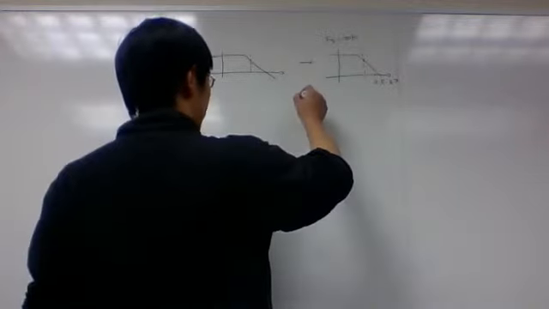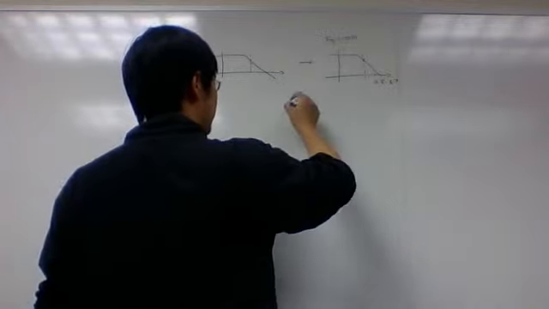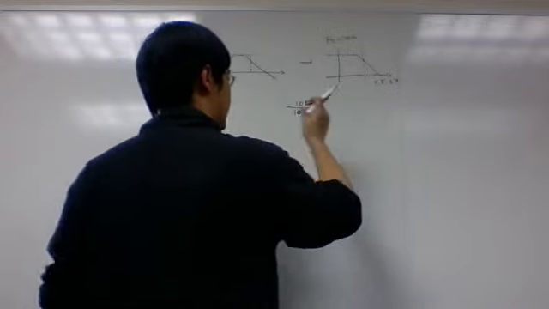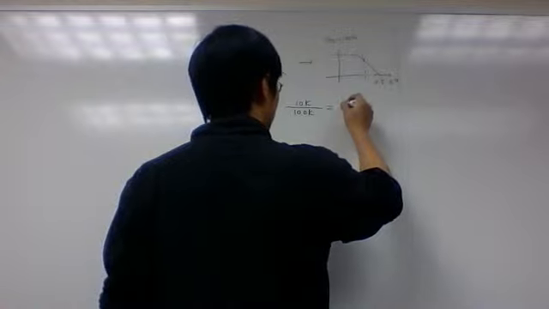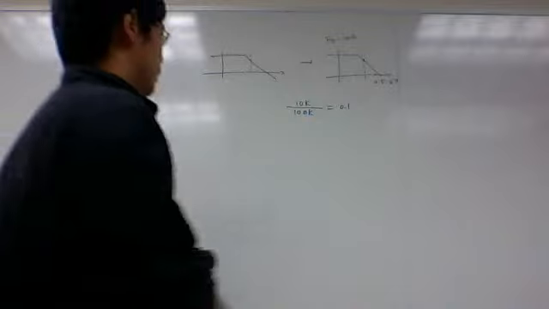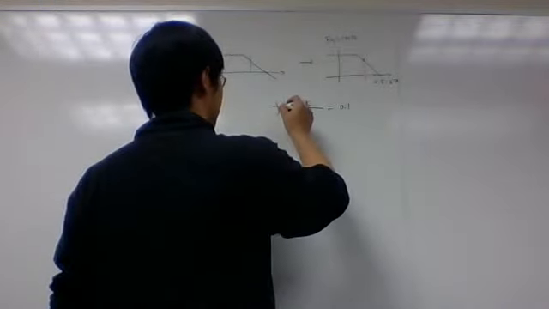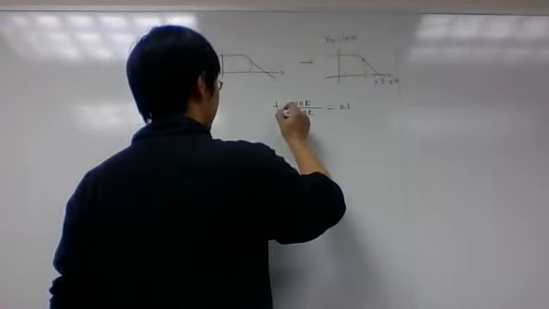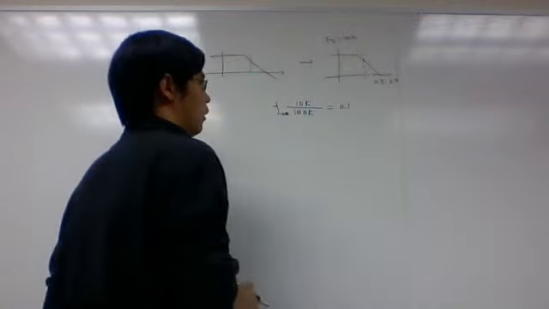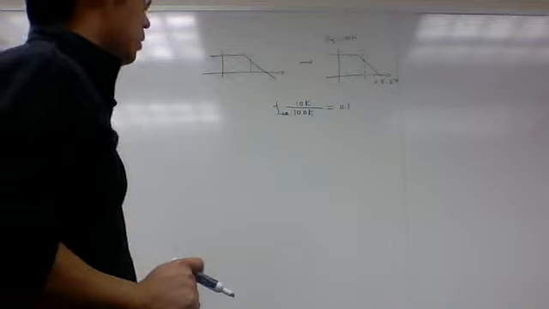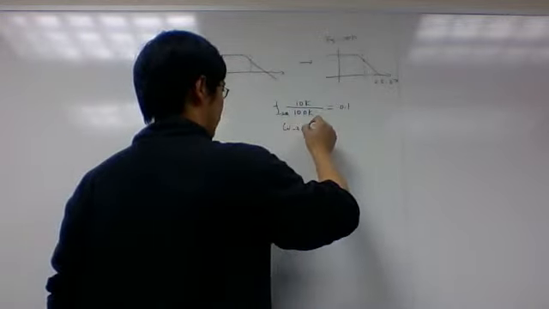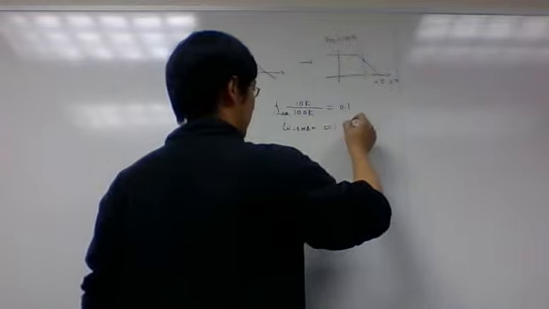So let's see. First, your 10 kilohertz over your 100K. So that's 0.1, right? And multiply. So this is your f 3 dB in the Z domain, right? Omega of 3 dB will then be 0.1 multiplied by 2 pi, right?